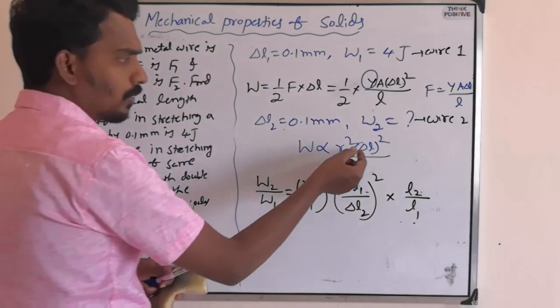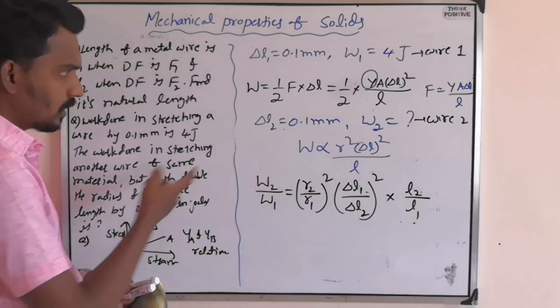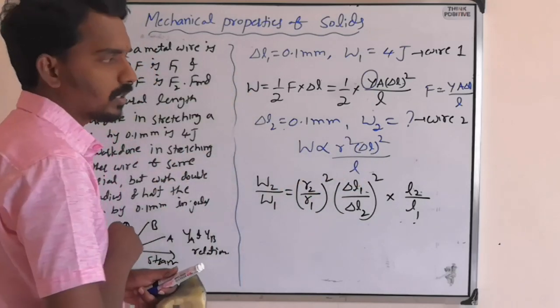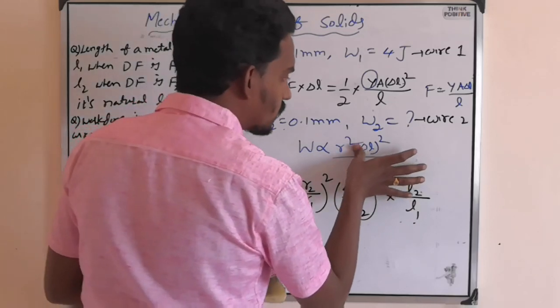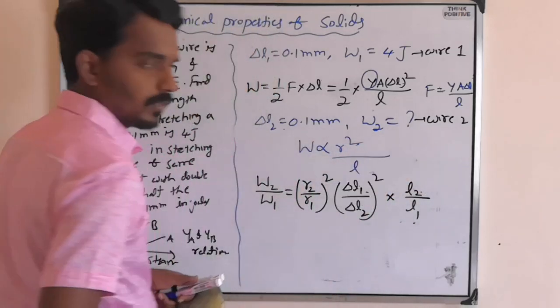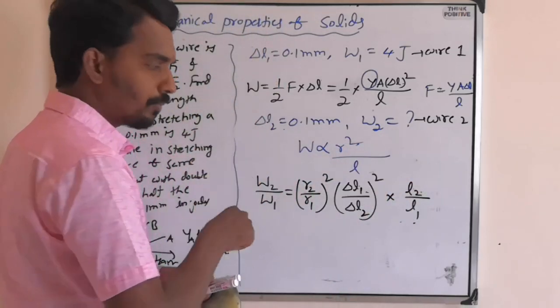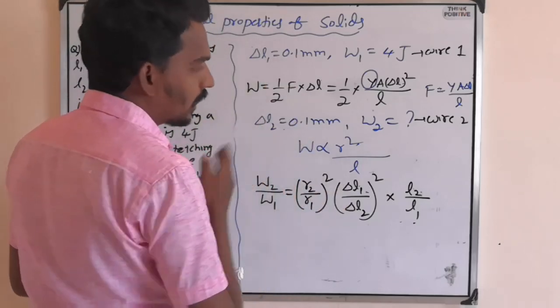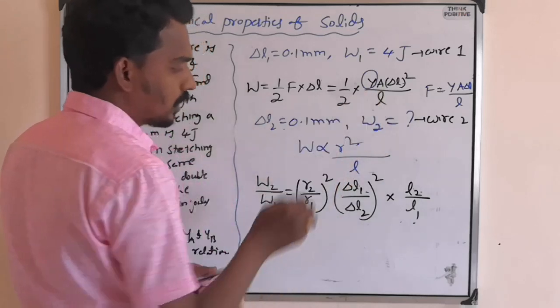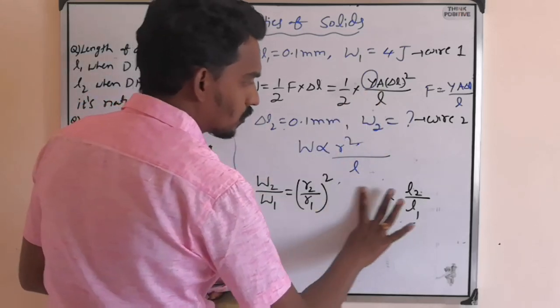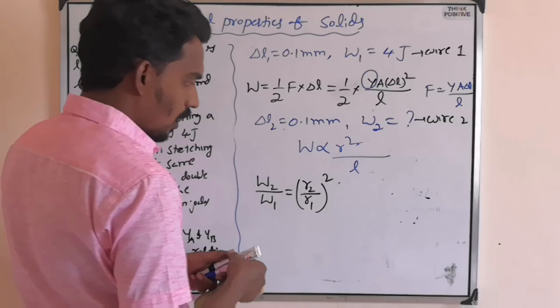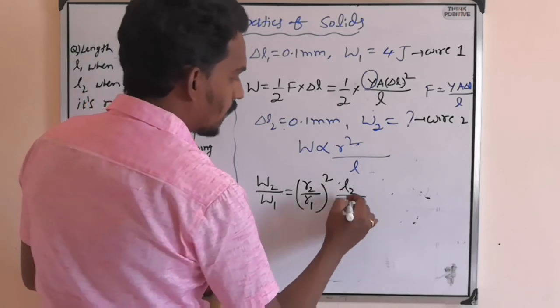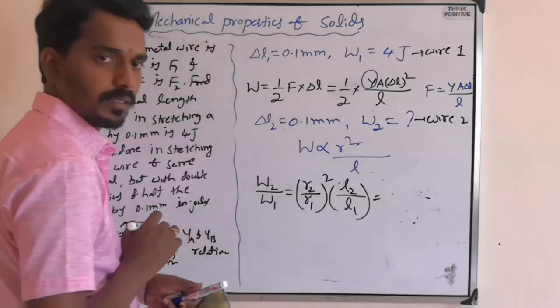Actually, we don't have to take delta L also, because here delta L1 and delta L2 are the same, so you can remove it. If delta L1 and delta L2 were different, then take this relation. But here they are the same, so that term won't be there, and only the length ratio will remain.